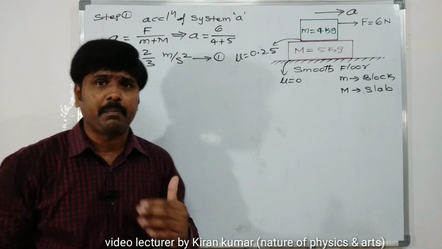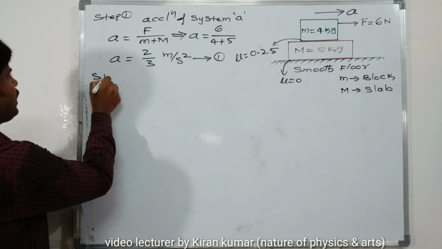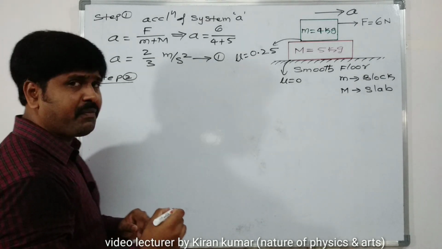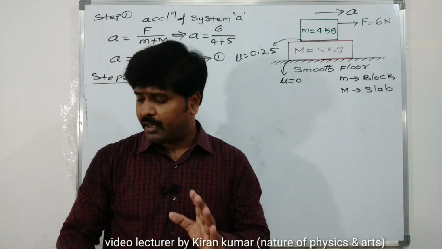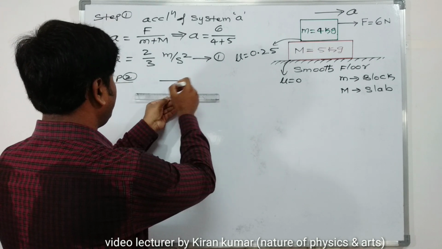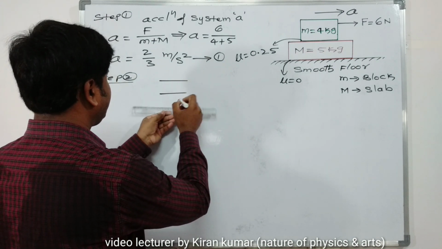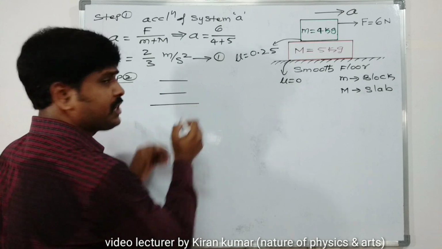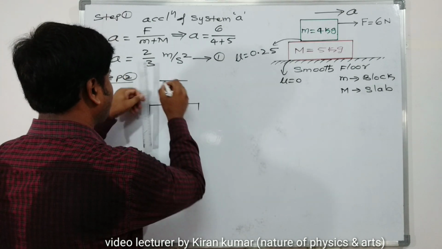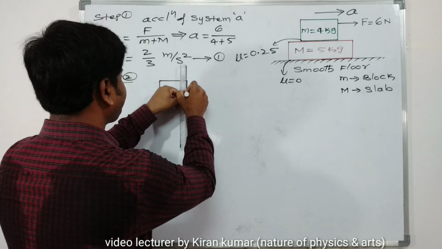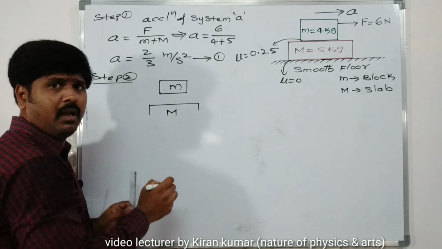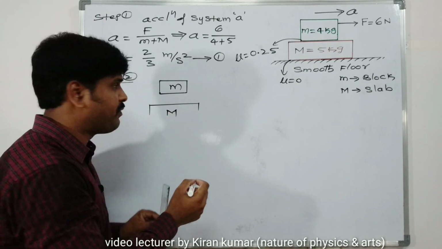Next, step 2. I want to find the maximum frictional force. Try to understand here, this is the upper block, and next, taking a small gap just for assumption, this is the lower block. This is small m, this is capital M. So what force takes place between them?